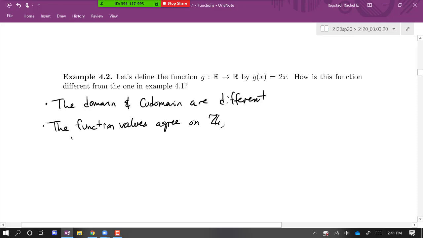But, for example, g of 0.5 is equal to 1, because g is the one that acts on all reals, whereas f of 0.5 does not exist, because we didn't define it to work on non-integer values.